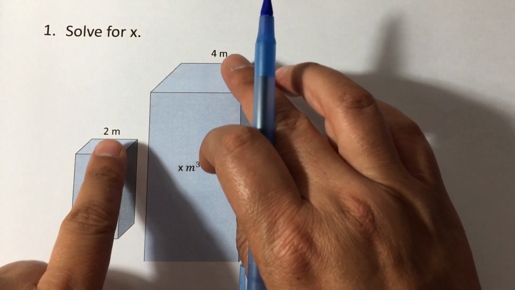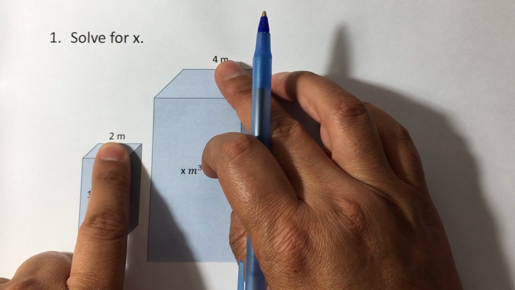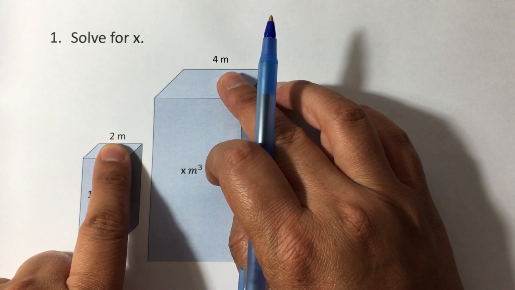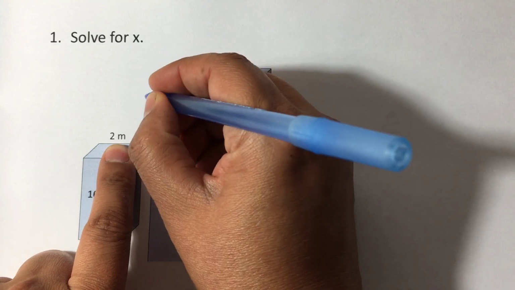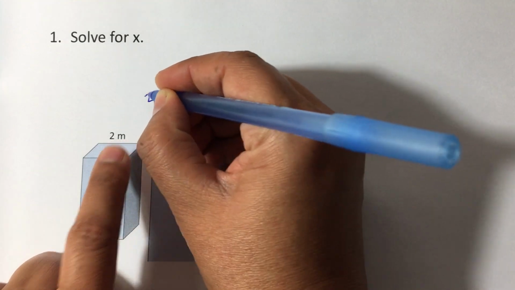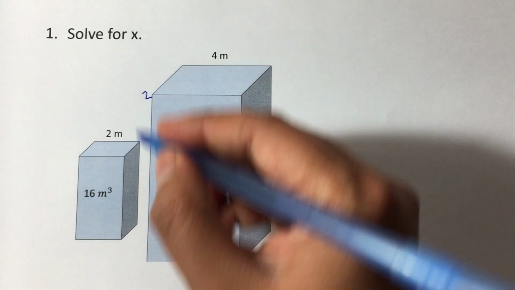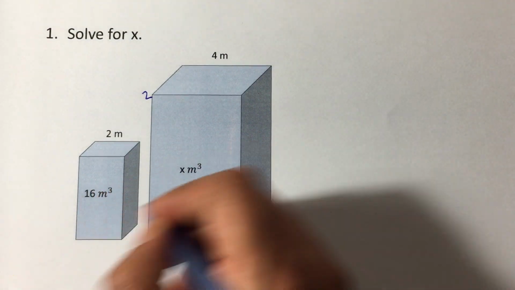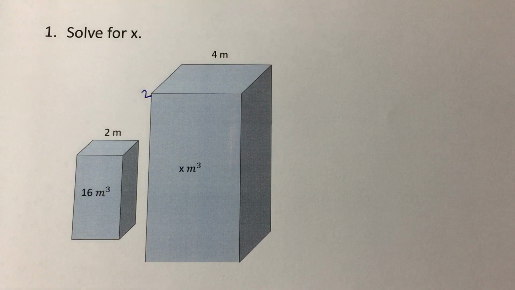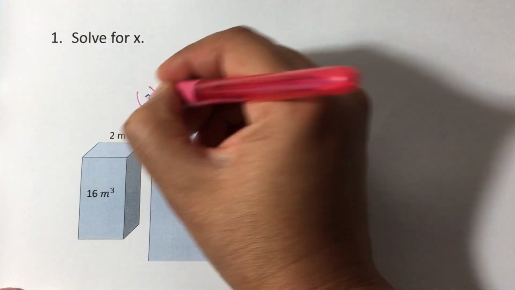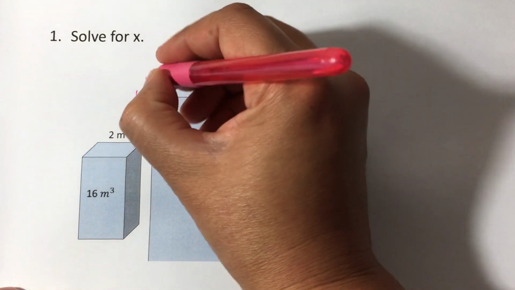So well, in here, they're giving me the 2 lengths. I'm going to divide those. 4 divided by 2 is 2. Because it's length, but I need the volume proportion or ratio, I'm going to raise this to the 3rd power.